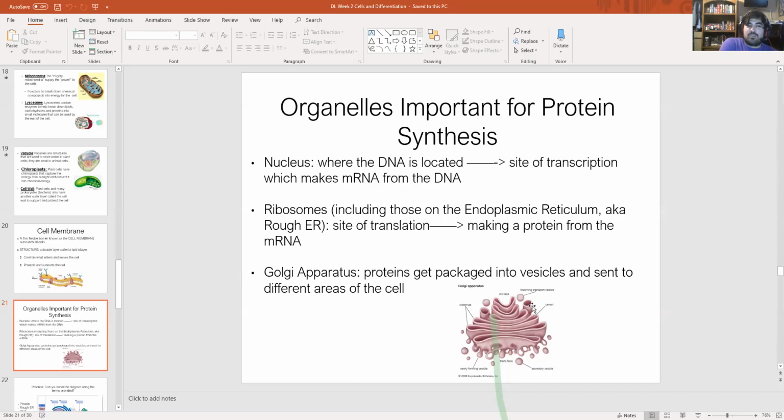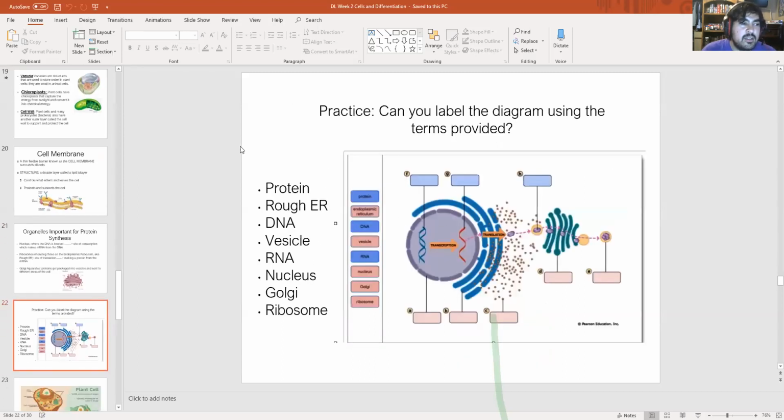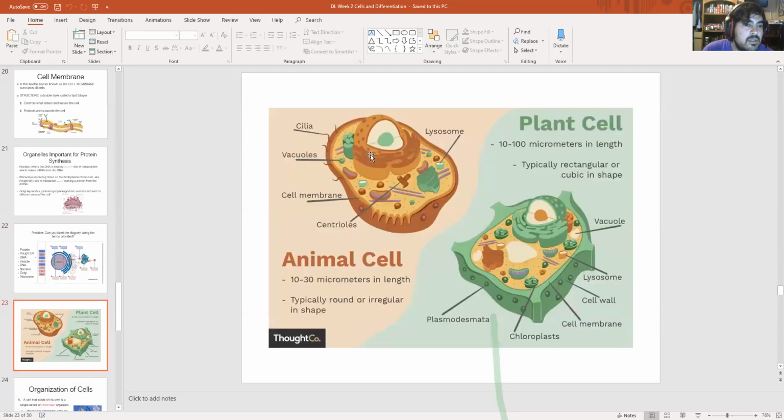That's what the Golgi apparatus is. They package up all these proteins and then send them to the different areas of the cell. So this is how protein synthesis happens. You start at the nucleus, go to ribosomes, and then the Golgi apparatus sends it everywhere. We've already talked about protein synthesis, though. You had a quiz on it, too. We don't need to do this practice.